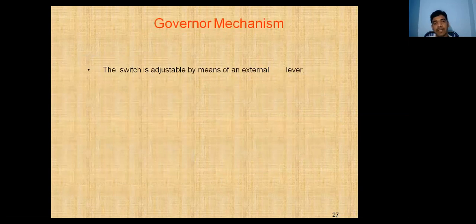The switch is adjustable by means of an external lever.